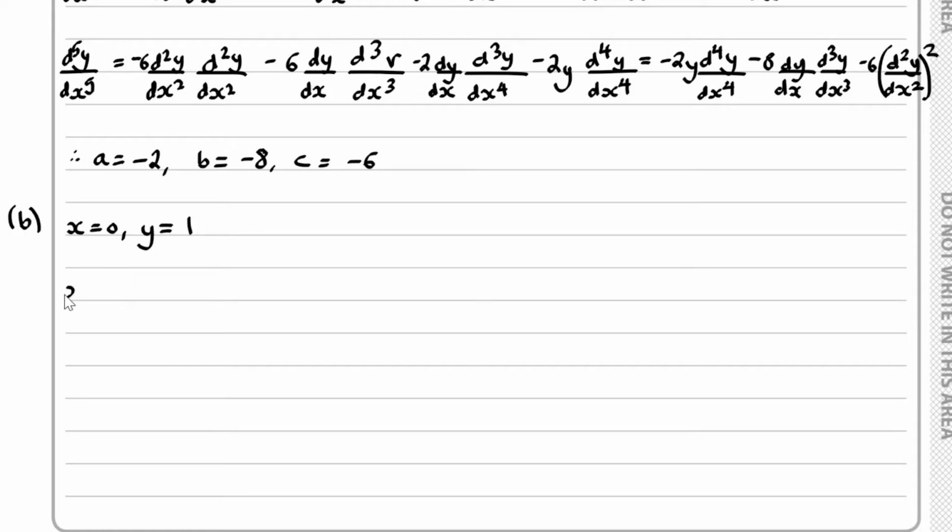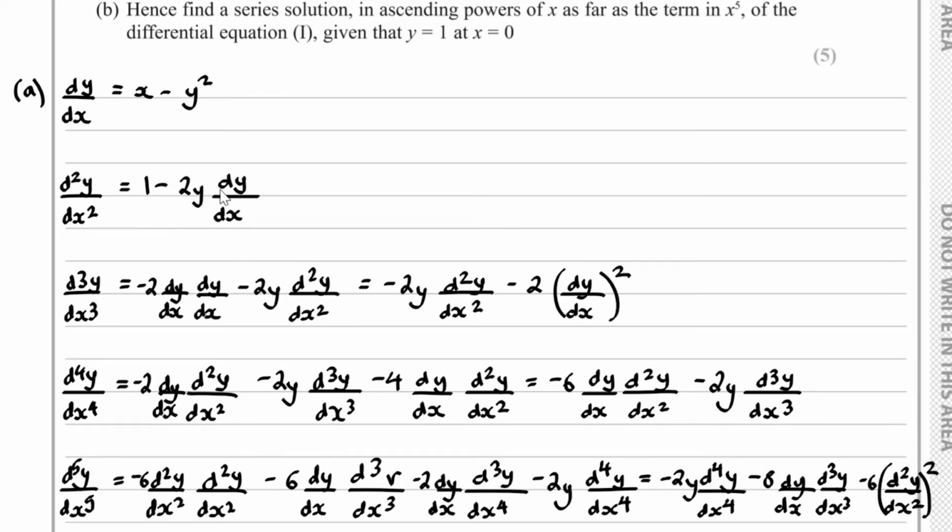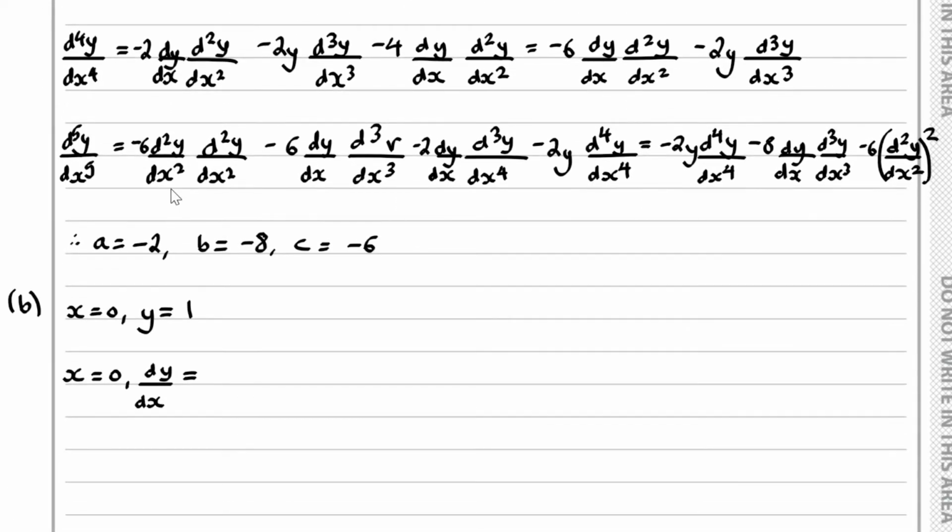And when x is equal to 0, dy over dx, we can work that out. So dy over dx, that's equal to x minus y squared. So we have x, which is 0, minus y squared, so we have 0 minus y squared, so y is equal to 1. It turns out we get minus 1.